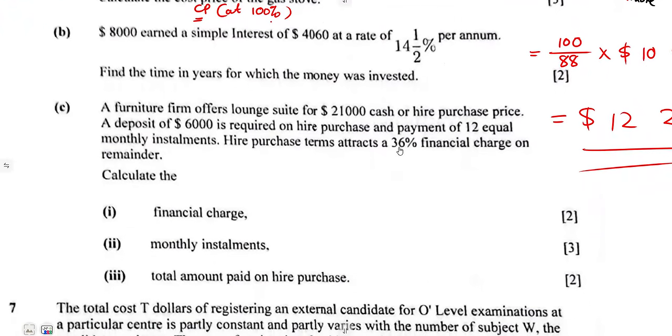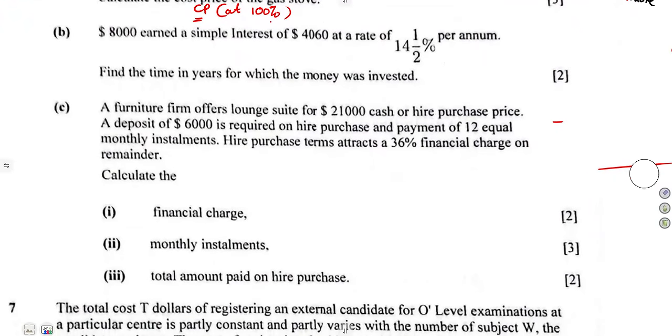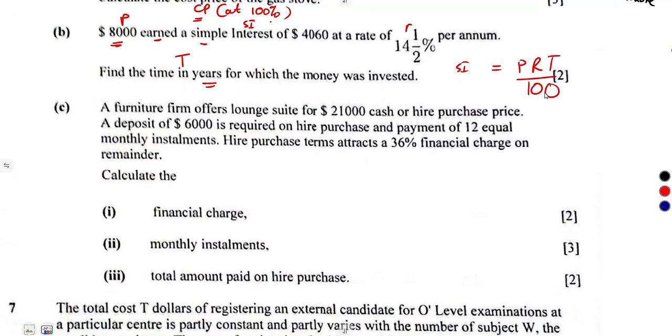Then B, you are given 8,000, which is the principal, and a simple interest. You are given the simple interest at a rate of, and you are to find the time in years for which the money was invested. We know, guys, simple interest is PRT over 100.